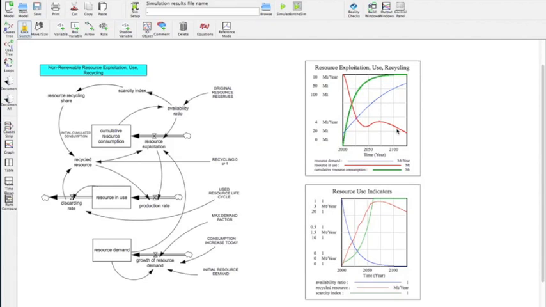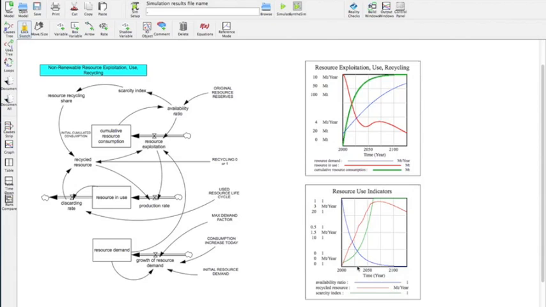And remember, the resource in use is driven by this availability ratio. We can look also at other resource use indicators. Here you have the availability ratio, which is the blue line, and the availability ratio drops down as the resource gets depleted.